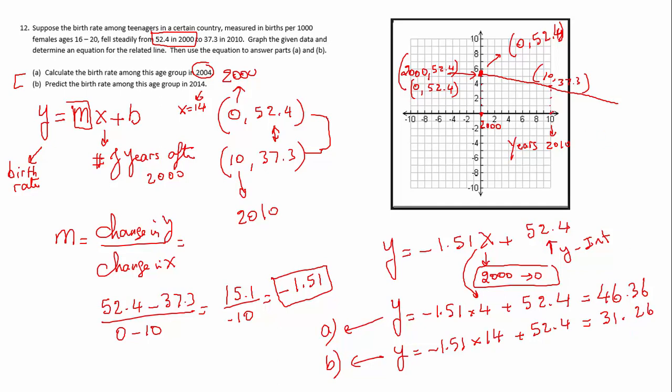So if you continue here, 10, 11, 12, 14, maybe somewhere here, then this would be the corresponding value. Again, 2004 would be somewhere here. So these are the answers for A and B, which we figured out using the equation y equals negative 1.51x plus 52.4.